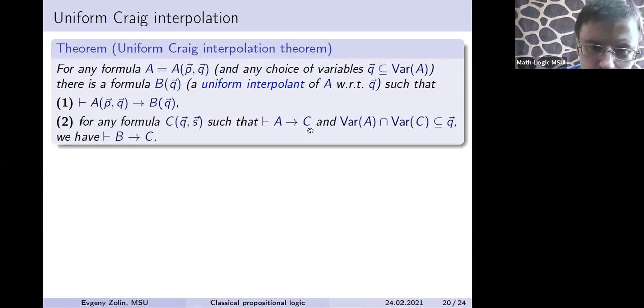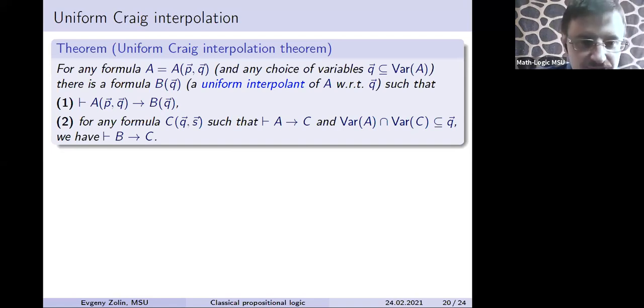So for every formula C such that A implies C is a tautology, and their common variables are among this list Q, we have that B is the interpolant. So A implies B we already have, and B implies C. So this B is just one interpolant for all formulas C that have the variables Q and some other variables not from A. Just one interpolant for all formulas.